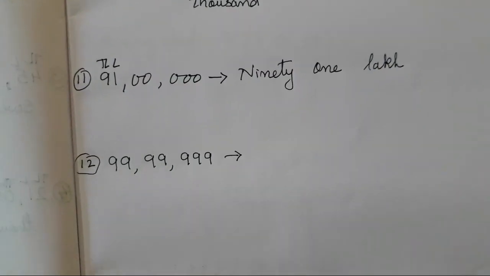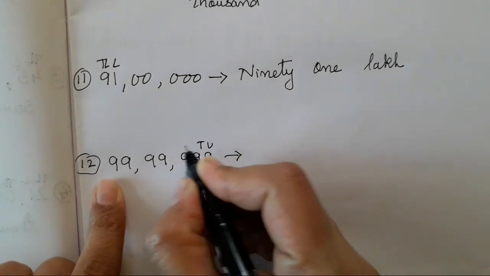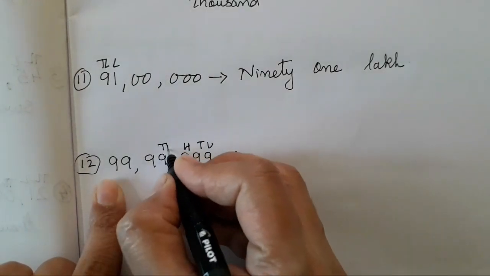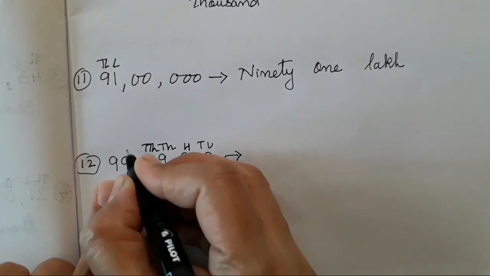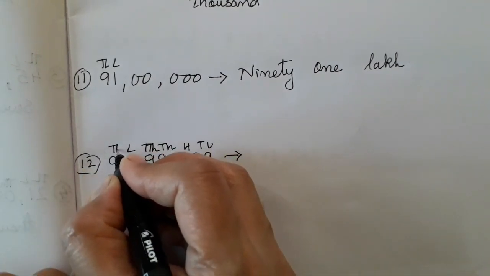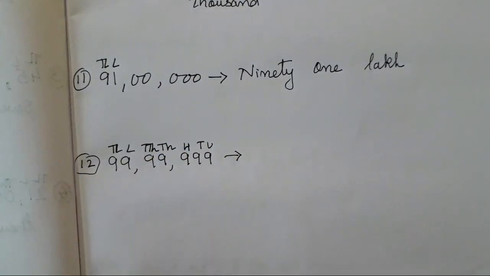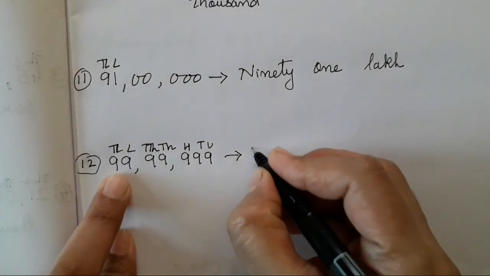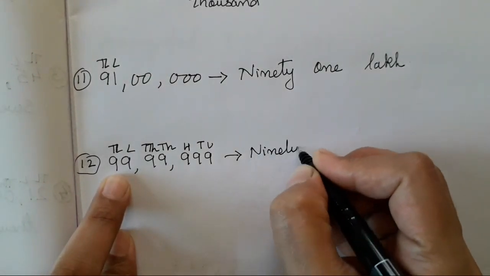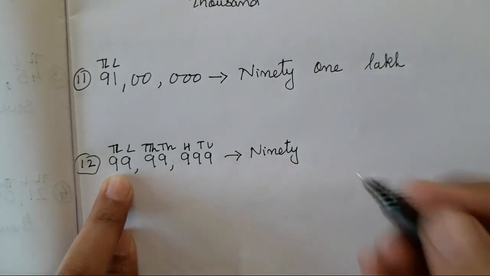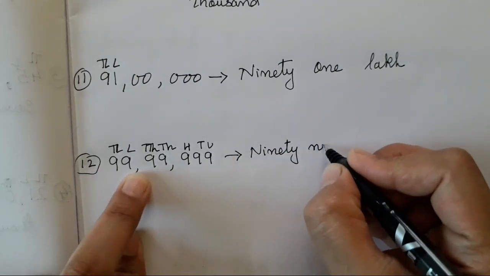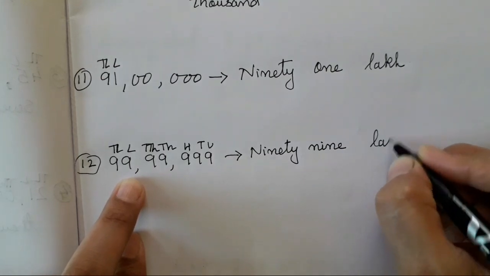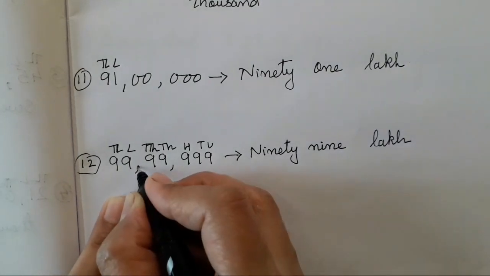Got it? Now, how to write this number, because this looks very tricky. At times this sum is almost in every exam, the teacher tries to put this question. It is very easy. 99 lakh, because all the numbers are 9, so don't get confused. 99 lakh. Go with the commas.